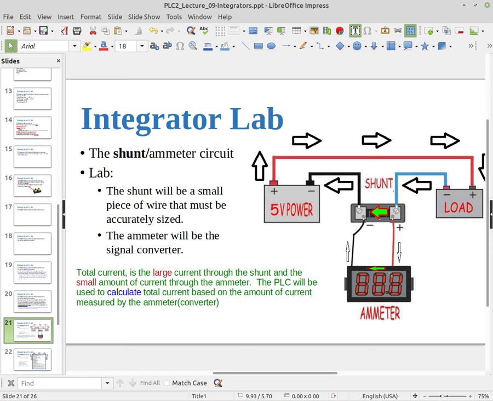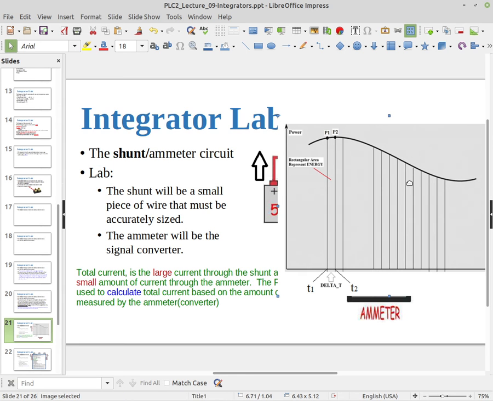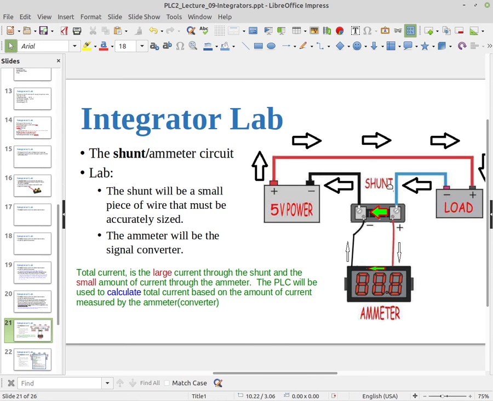The ammeter just can't handle that much current. It's going to fry the ammeter or at minimum blow a fuse. And so what we can do is use the shunt so that the majority of the current is going to go through the shunt, and just a tiny bit of the current is going to go through the ammeter.